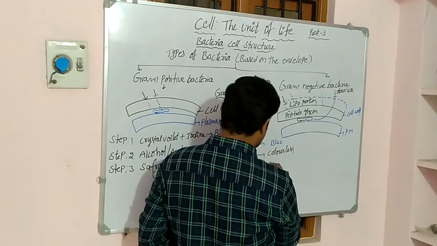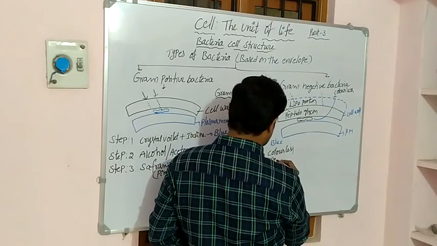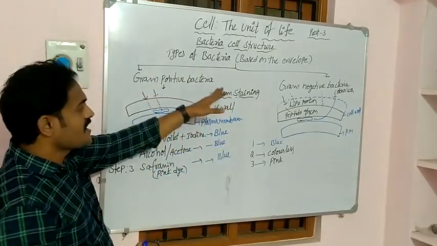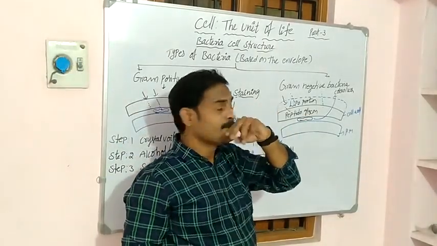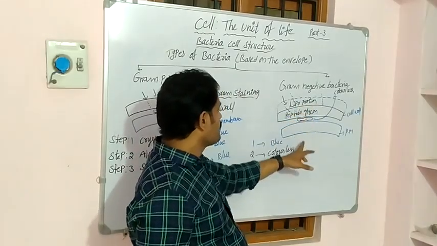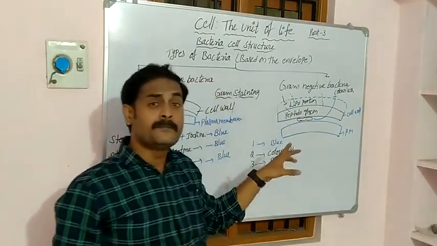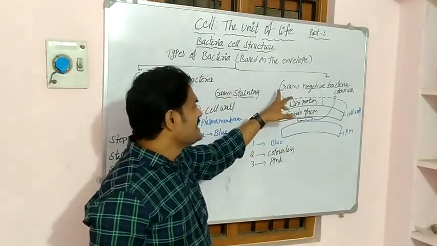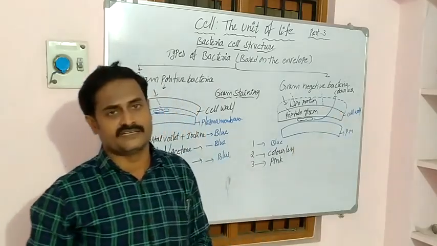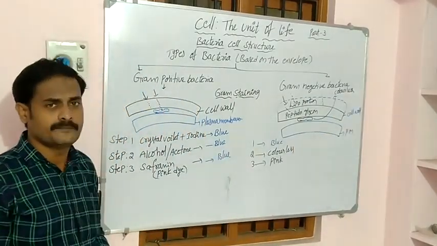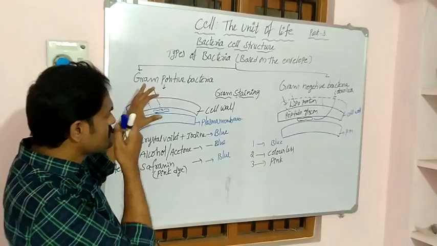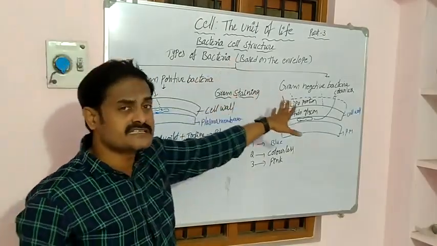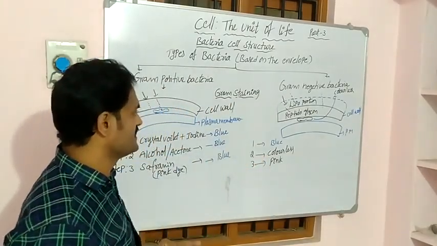So in the third step, the pink color appears. So when we apply the gram staining method to the bacteria, finally it shows a pink color. This pink color indicates it is a gram negative bacteria. So this is the conclusion of which is gram positive and which is gram negative bacteria.